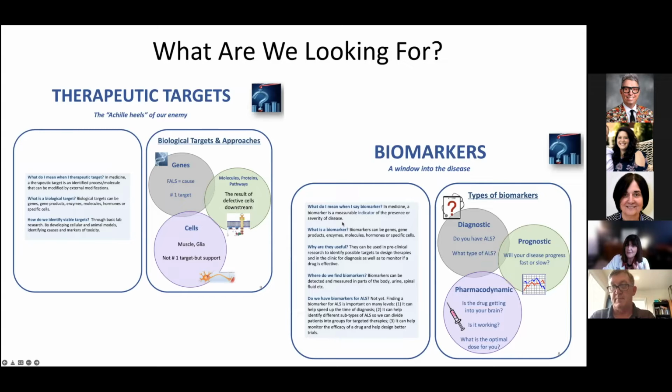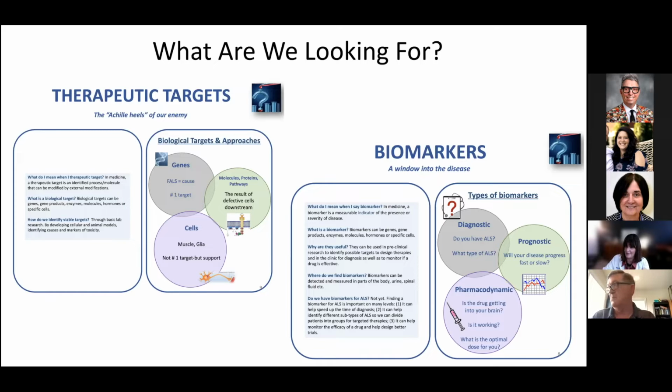We are looking at markers that can tell us very quickly, and not by exclusion, whether you have ALS or not. And very importantly, we are looking at markers that can tell us and you, the patients, what kind of ALS you may have.